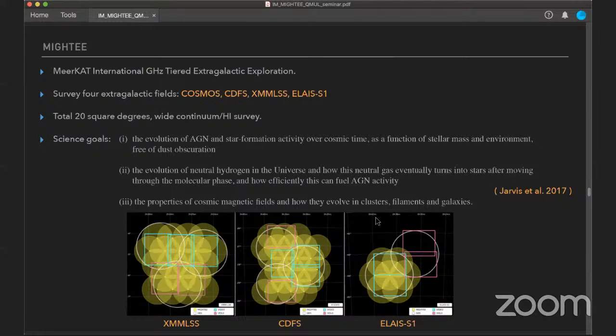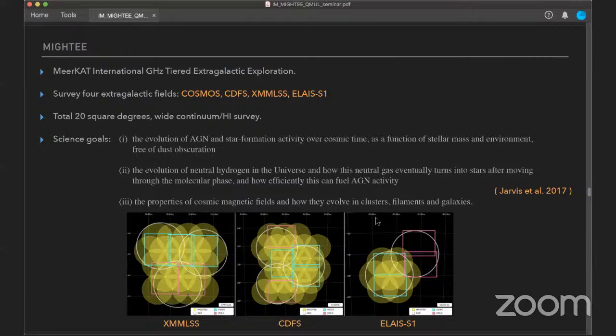These are the various science goals for the MIGHTEE project itself, like AGN evolution, star formation activity, the evolution of neutral hydrogen in the universe, the properties of cosmic magnetic fields, and various other things. We are currently not working on those science goals. Our goal is to use the MIGHTEE observation to put constraints on the H1 power spectrum.